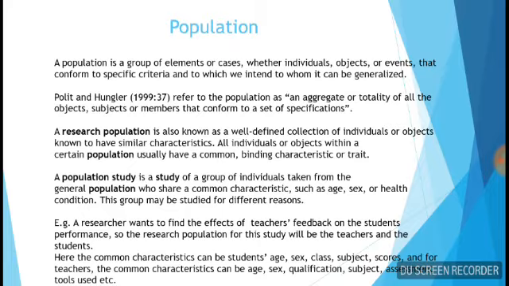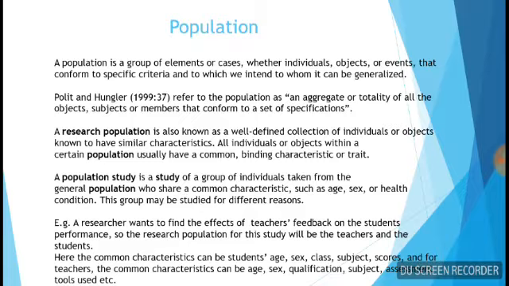Basically, a research population is also known as a collection of individuals or objects known to have similar characteristics. All individuals or objects within a certain population usually have a common binding characteristic or trait.